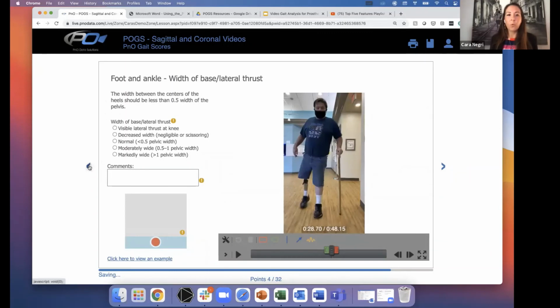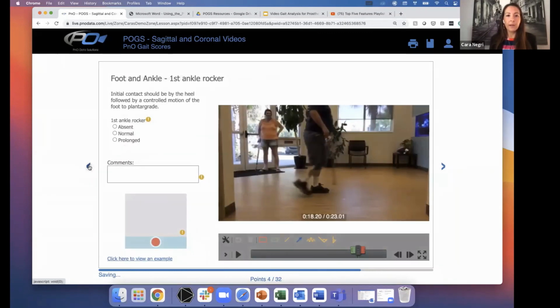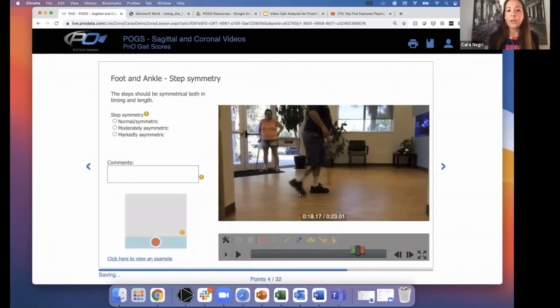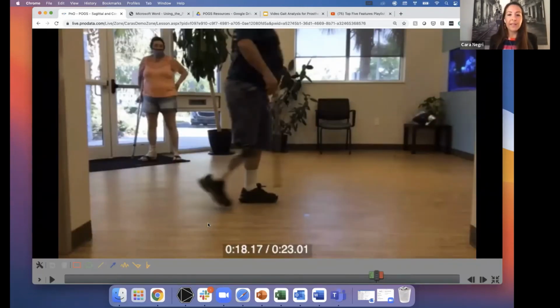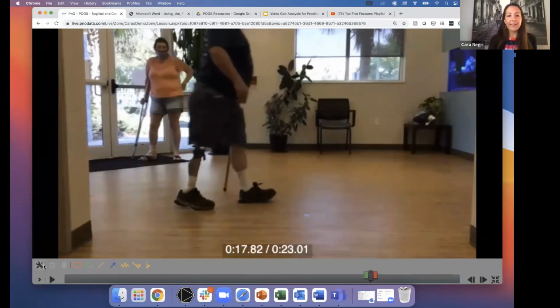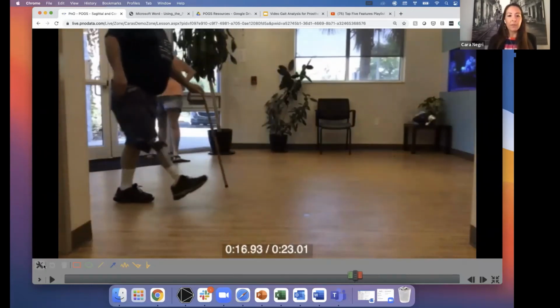So he probably has more of these than some of those others. So let's go over step symmetry, because this is also one of my favorite ones, just because I get to use some of the measurement tools, and I like to use the measurement tools. So let's go back and see how we might measure step length.